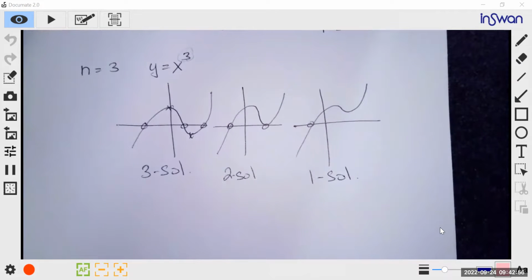So what do we notice about the odd and even degrees and number of solutions?